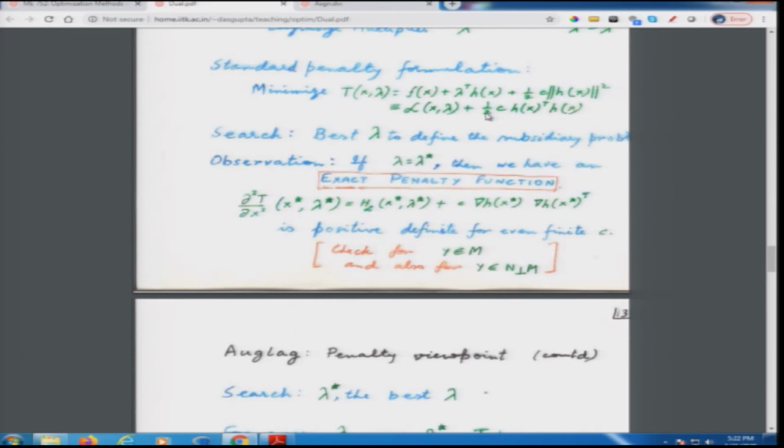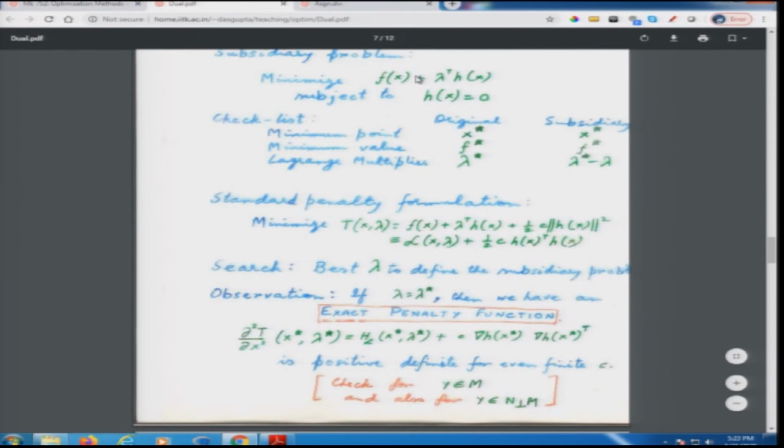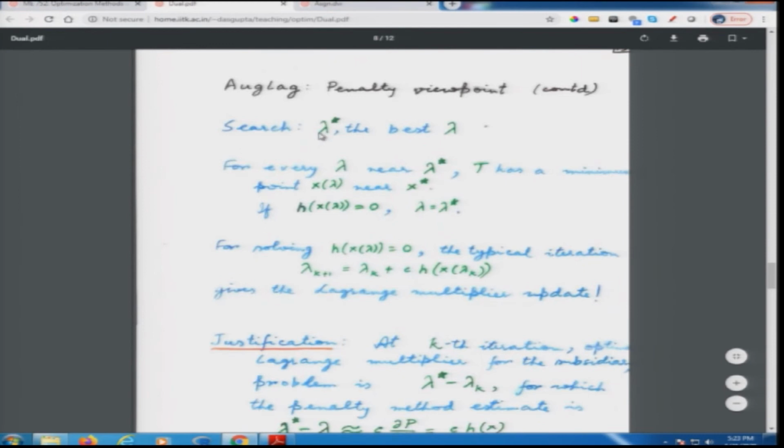Now, we are looking for the best lambda star, that is, the best lambda to define the subsidiary problem. So, that is our job now. We note that for every lambda near lambda star, T has a minimum point x lambda near x star, that is the duality.